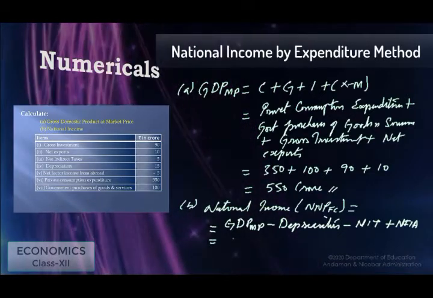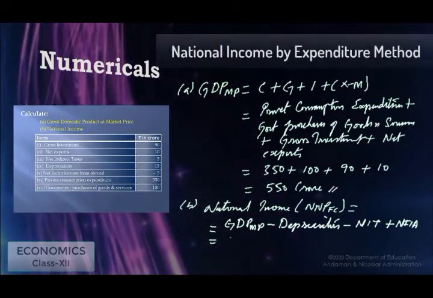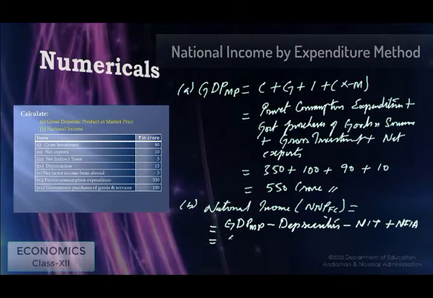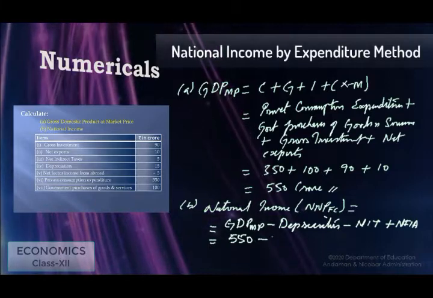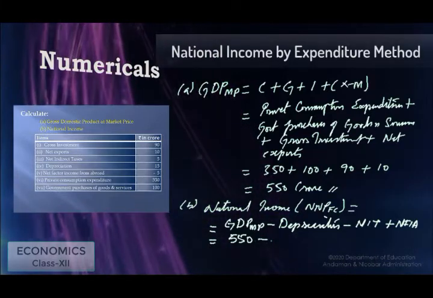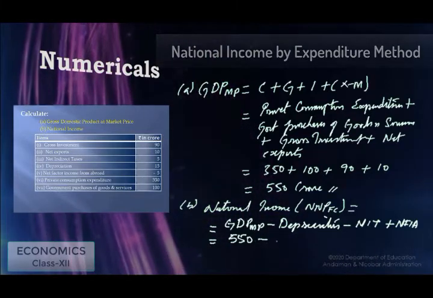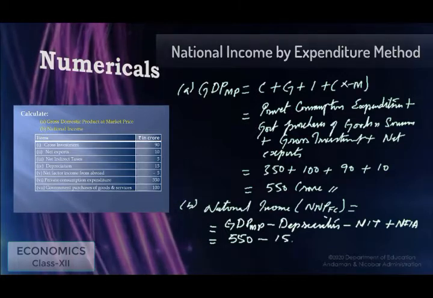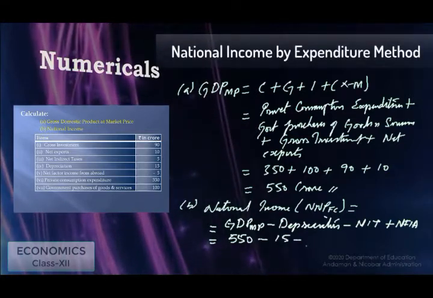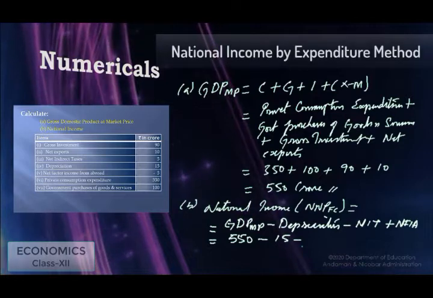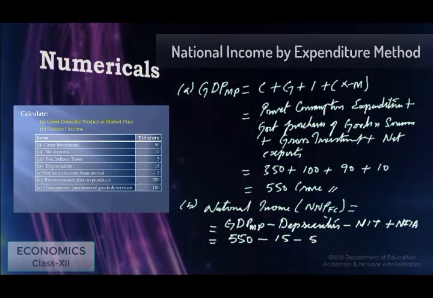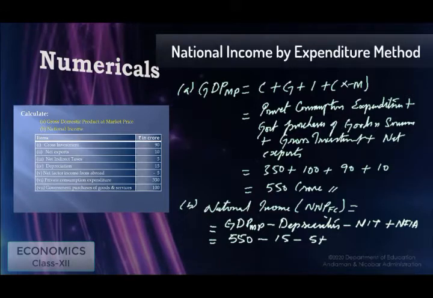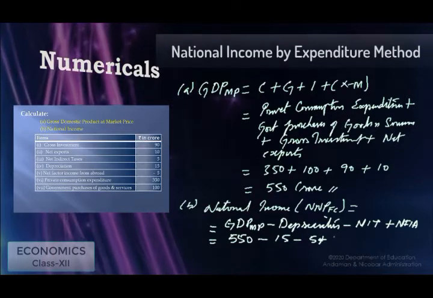So look at the values, what the values are here. GDP at market price, we got the value of 550 crore, so that should be subtracted with the value of depreciation, that is equal to 15, and then we have to subtract the value of net indirect tax. The value of net indirect tax is given in the question as 5, and at last we have to add the value of net factor income from abroad.